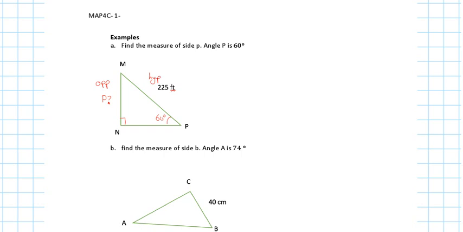If I'm looking for the opposite, I know the hypotenuse. Which ratio should I use? Sine, right? Because sine is the one that has opposite and hypotenuse. So I have to use sine of the angle.